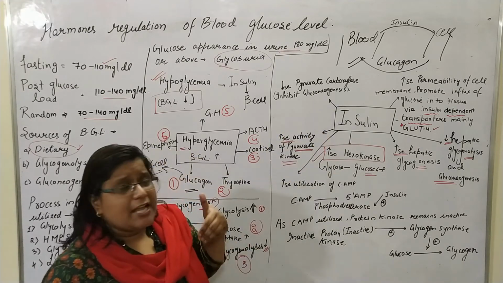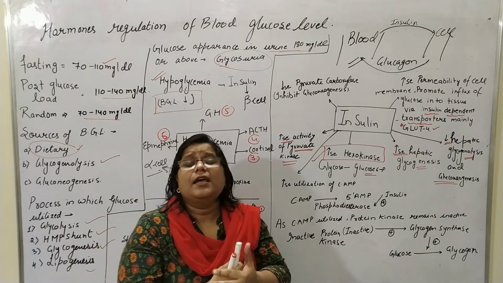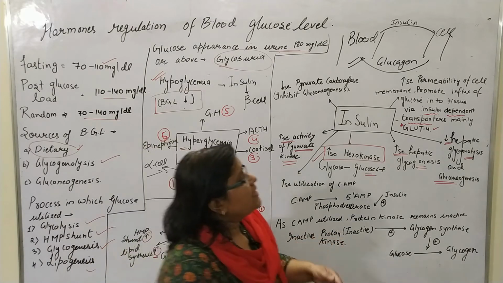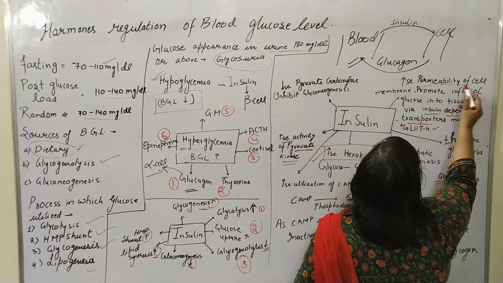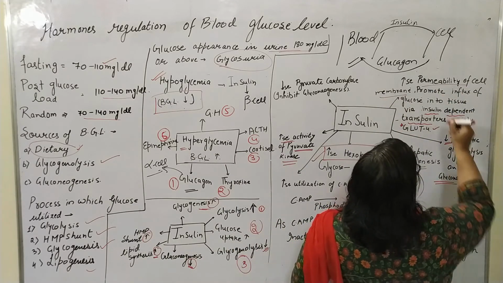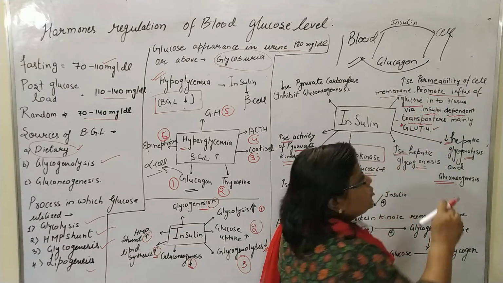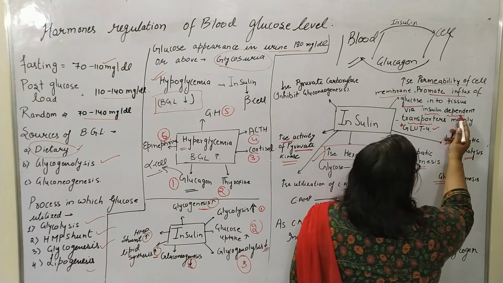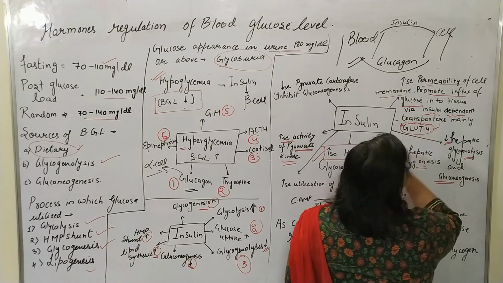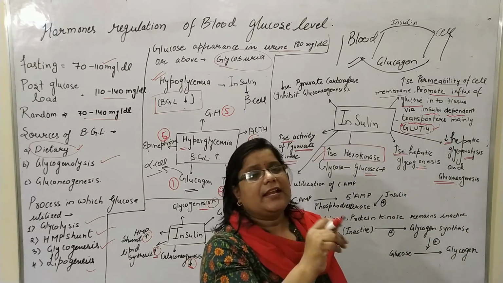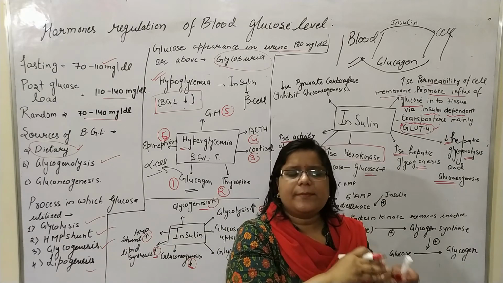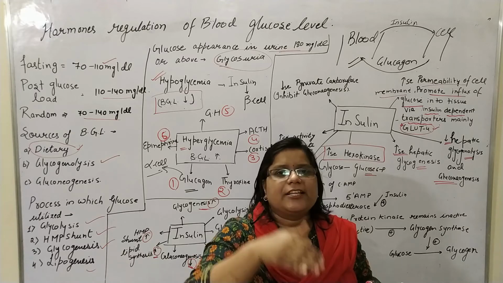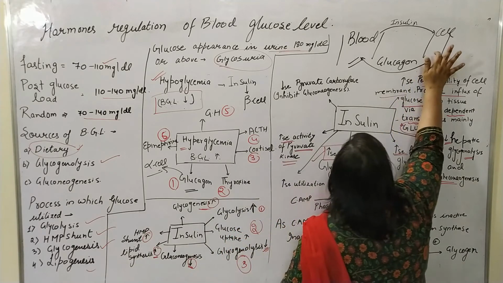And insulin will increase the permeability of the cell membrane and promote the influx of glucose into the tissue or the cell via insulin-dependent transporters, that is GLUT4. There are so many insulin-dependent transporters which can facilitate glucose transport into the cell.